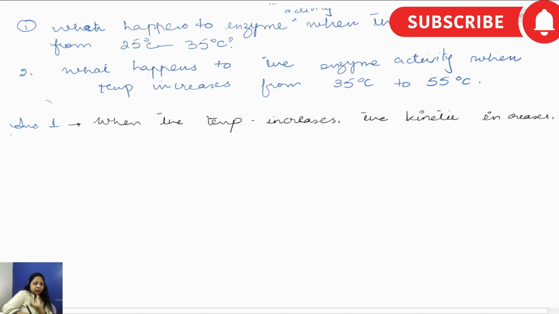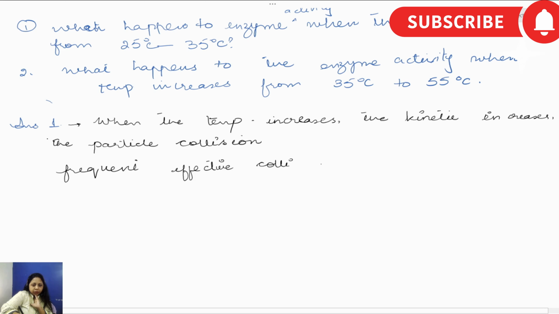What will happen next? Here we have to use the word effective. Due to frequent effective collisions, the rate of reaction would increase. Your rate of enzyme activity would increase.